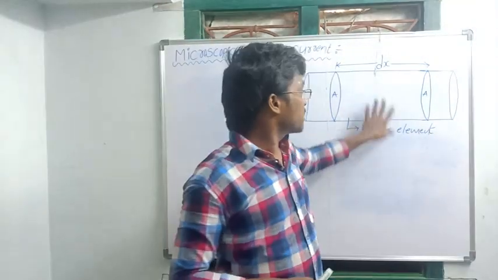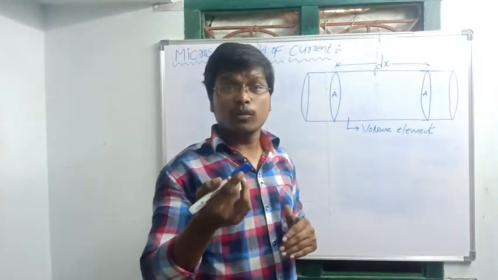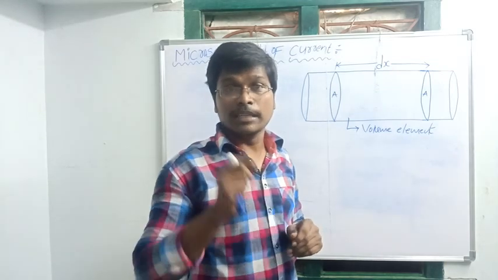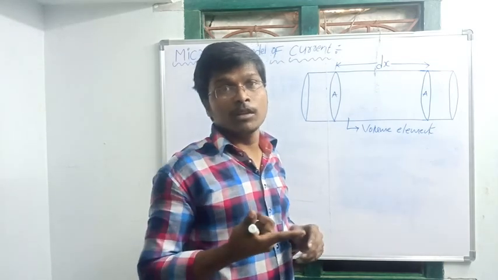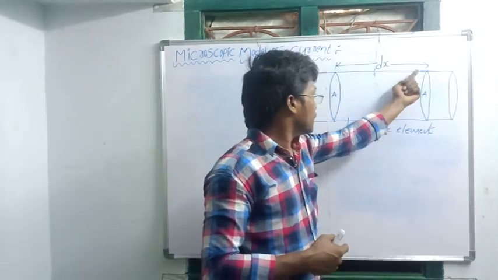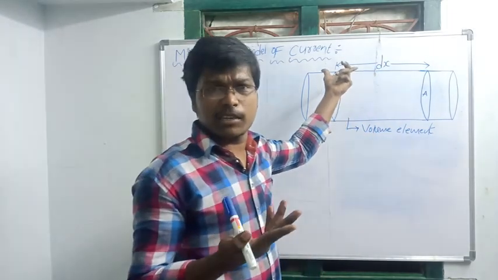Why should we call this space the volume element? Usually we know area into length is a volume, correct? Here this is the area, and this is the length, the displacement. Displacement is one form of length.